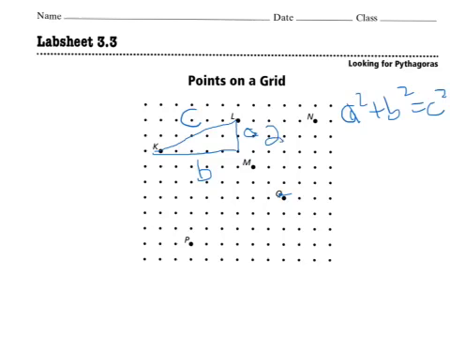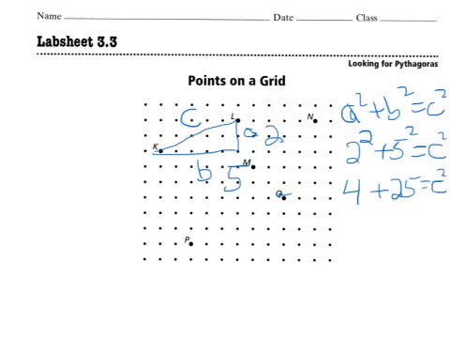That leg is 2 units high. B has units of 5. The length of B is 5 units long. And so if I put 2 in for A and 5 in for B into the Pythagorean theorem, I end up with 2 times 2 is 4, and 5 times 5 is 25, and I know C squared, as we discussed before, is going to be 29.